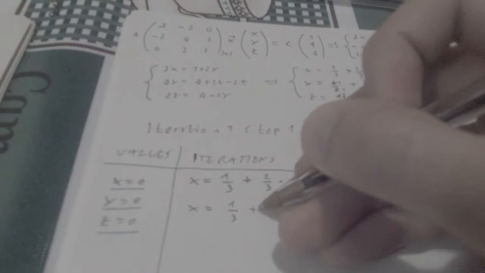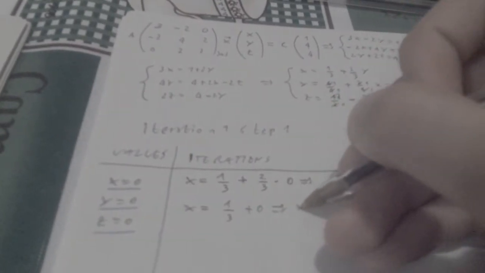Therefore, x is equal to 1/3, because it's plus 0. We just found a better estimation for x, 1/3, which is definitely better than 0. So this is actually our first guess. Let's go on.